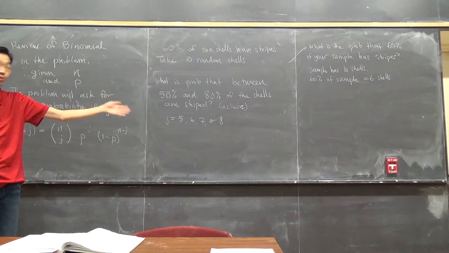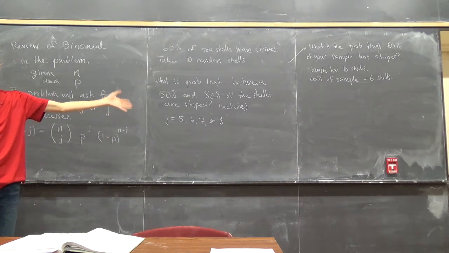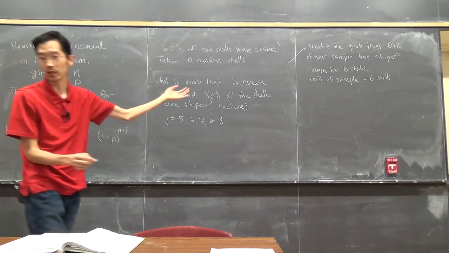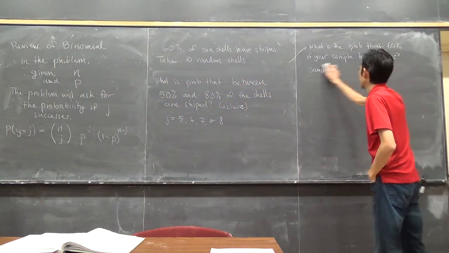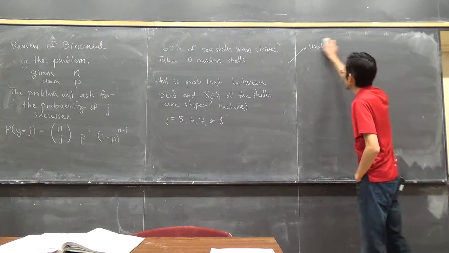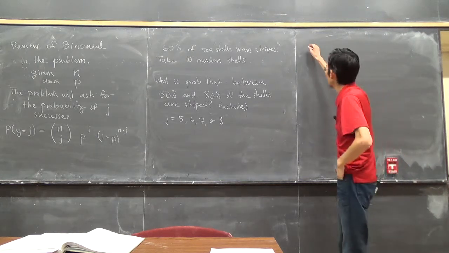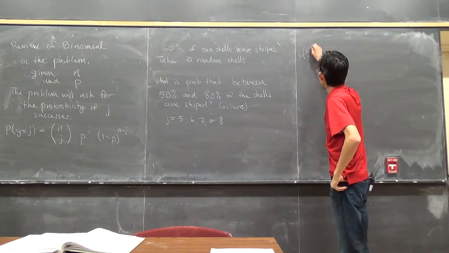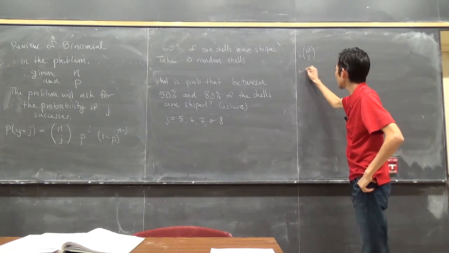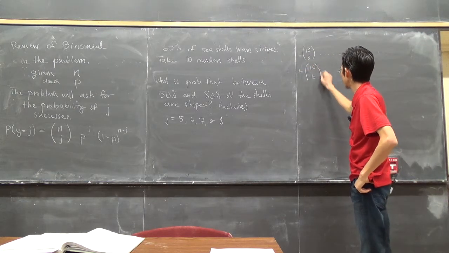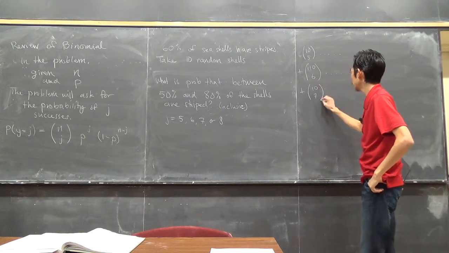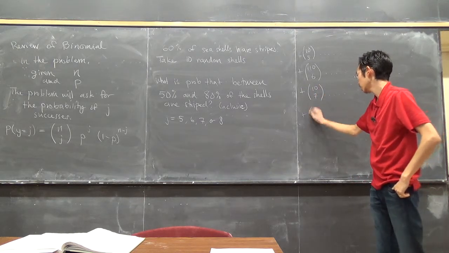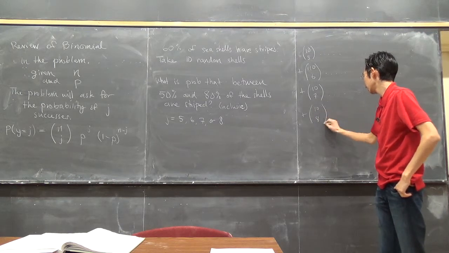This would require 4 calculations to be done, right? We can see it becomes tedious, because we would have to do 10 choose 5, etc., plus 10 choose 6, etc., plus 10 choose 7, and 10 choose 8.